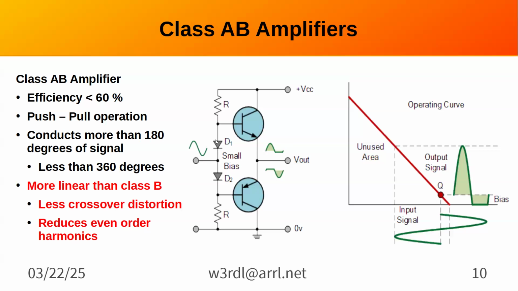You're creating a bias. Remember the voltage drop across this diode is going to be 0.7 volts, and it's between the base and the emitter. And the base and emitter needs 0.7 in order to conduct. So you're always biased on.